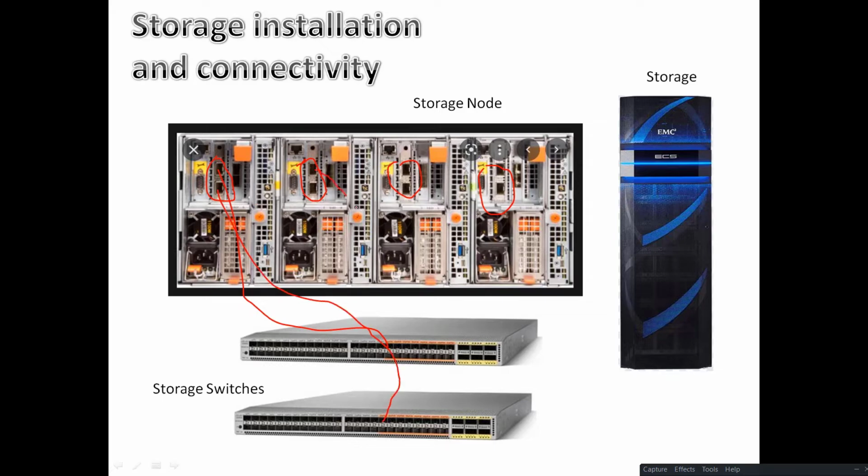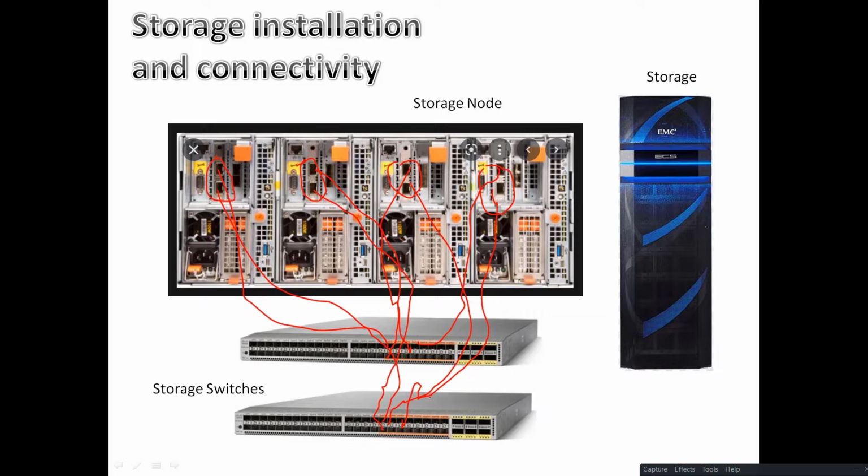Then the second node's first port goes to the second switch and its second port to the first switch. Similarly with this one, we'll connect here, and this one goes to the next switch.